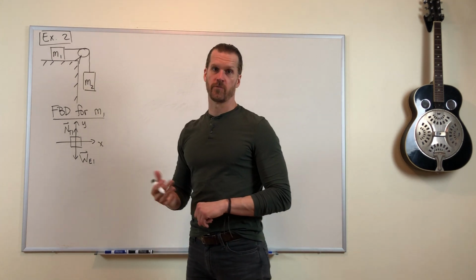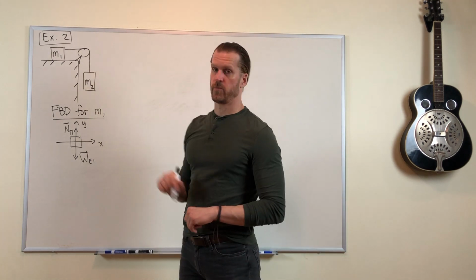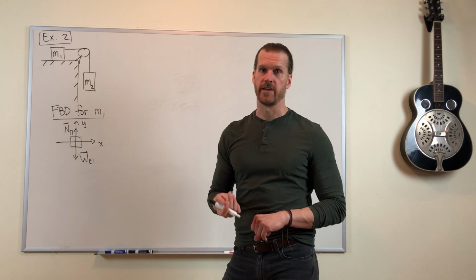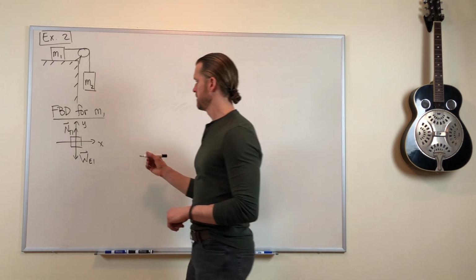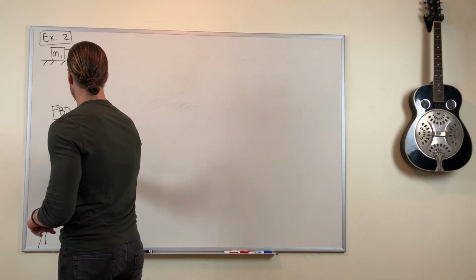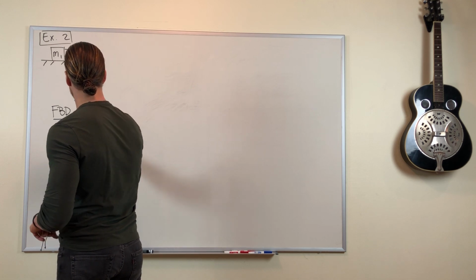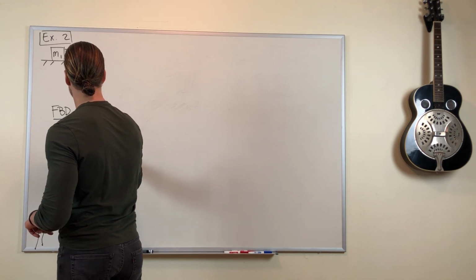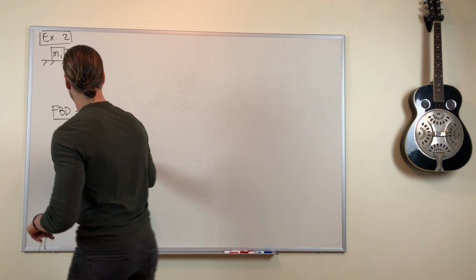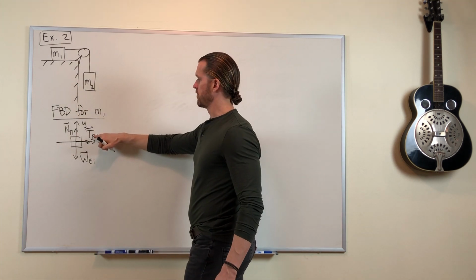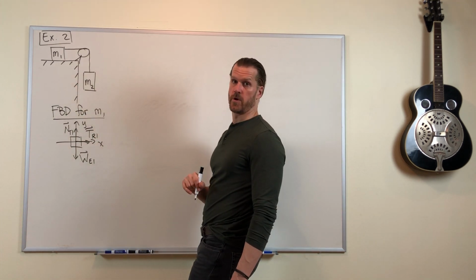The y direction doesn't really matter for mass 1 because there's no friction involved and there's no acceleration in y. What does matter is the tension force in the x direction. That is the tension force of the rope pulling on mass 1.